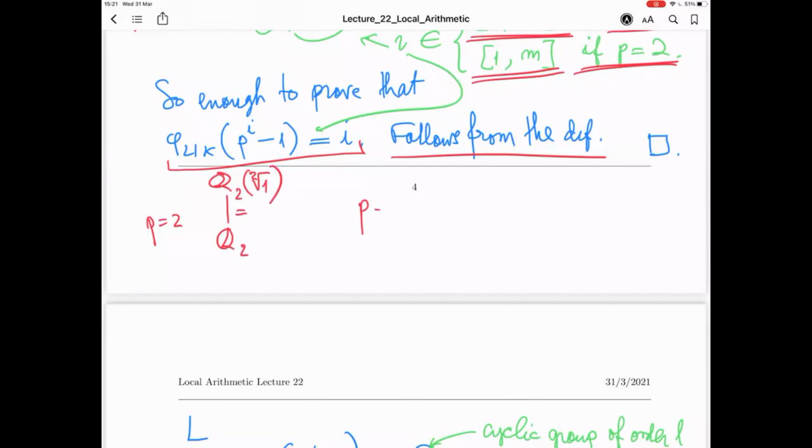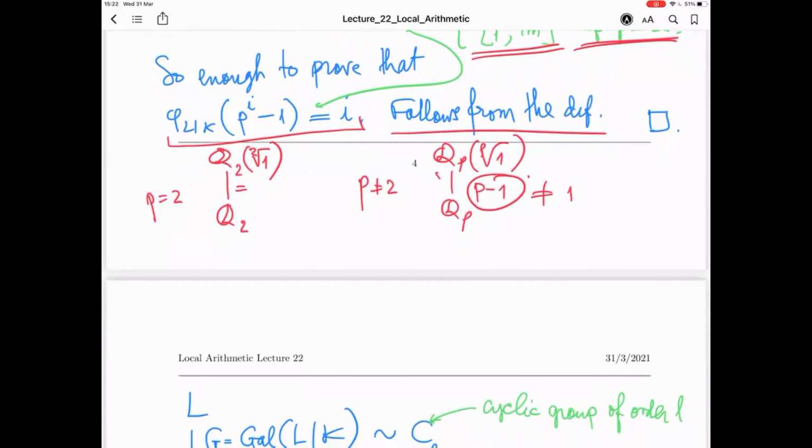Whereas if p is different from 2, then I get Q_p, and when I adjoin the pth root of 1, I get an extension of degree p minus 1, which is not trivial, whereas for p equal to 2, it's trivial.